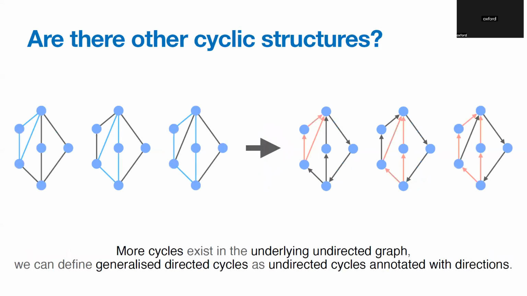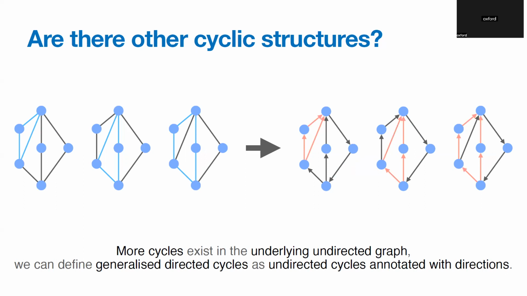But now, if you look at the undirected graph that is underpinning that directed one, then you can find other cycles that, when you map them onto the direction, or when you enrich the representation with the direction, are not directed cycles as such, because obviously they don't form loops.